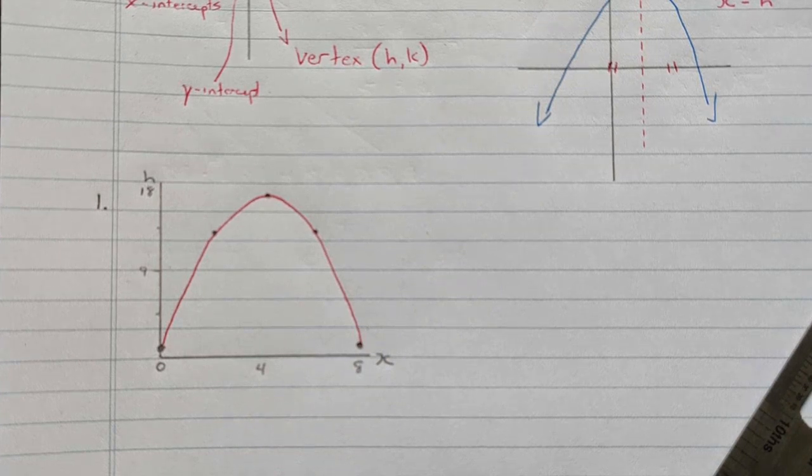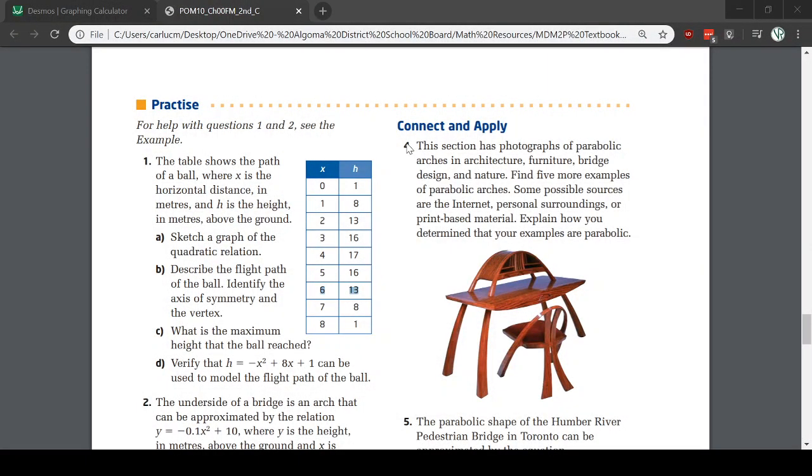that'll help us with understanding some of the questions, such as question number 2, or 1B, sorry, that says, describe the flight path of the ball. Identify the axis of symmetry and the vertex.